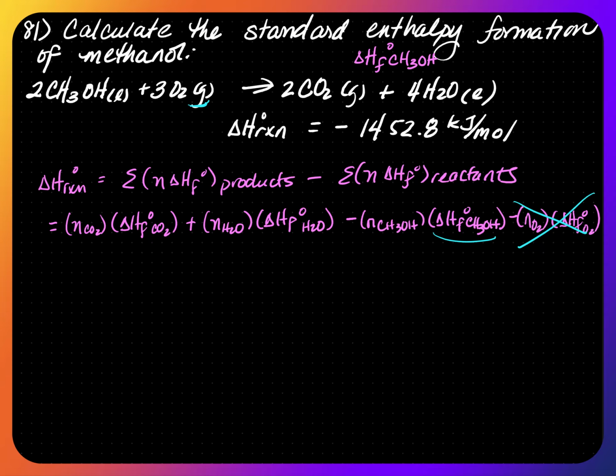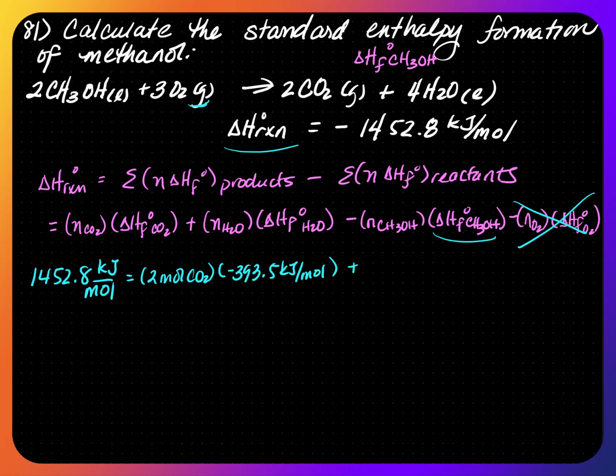So if I look at this equation, the delta H reaction is provided. It is 1452.8 kilojoules per mole. This is equal to the moles of CO2, which is 2 moles, times delta HF naught of CO2. Again, we get these values from your appendix, kilojoules per mole.